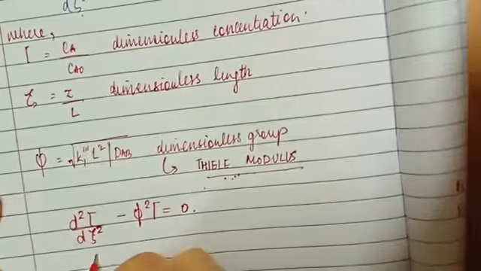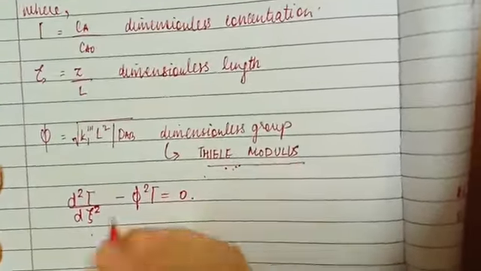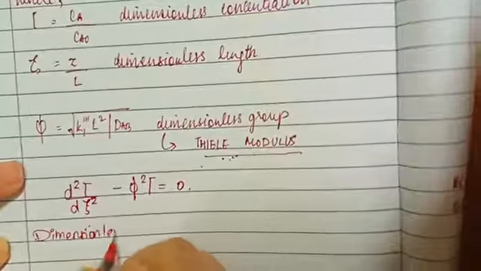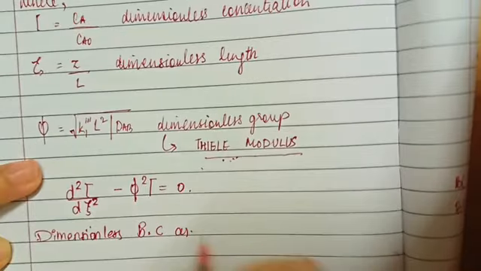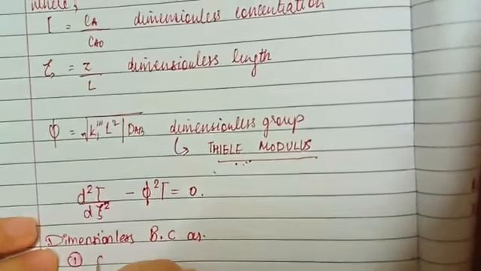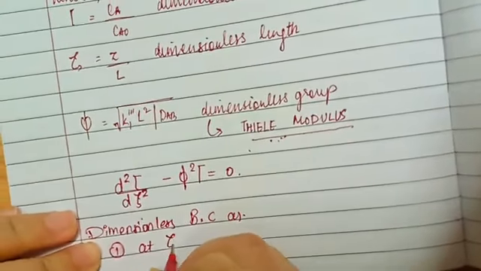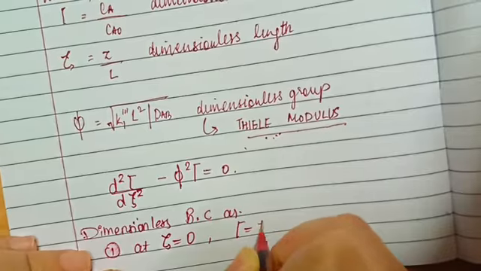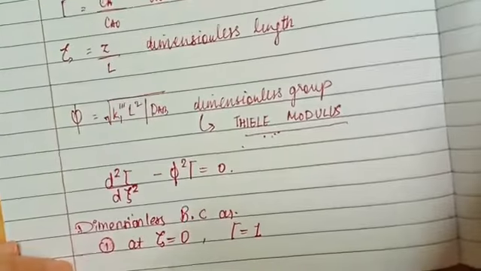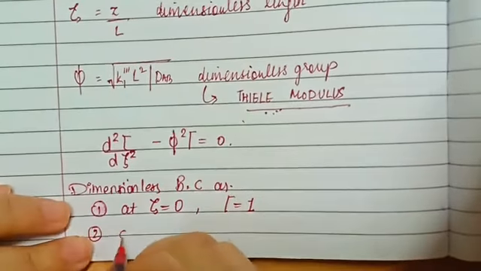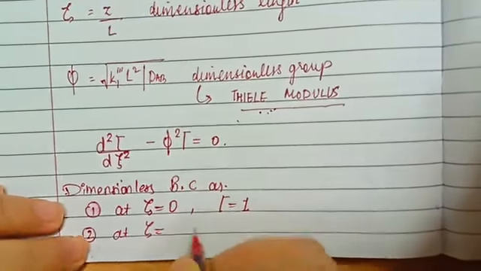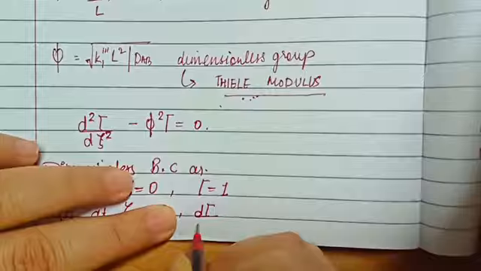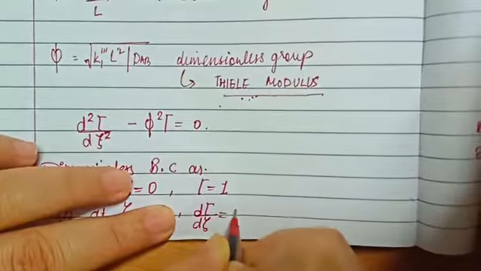In this equation, we will apply the dimensionless boundary conditions: first, at zeta is equal to 0, the value of gamma will be 1, and the second boundary condition is at zeta is equal to 1, d gamma upon d zeta is equal to 0.